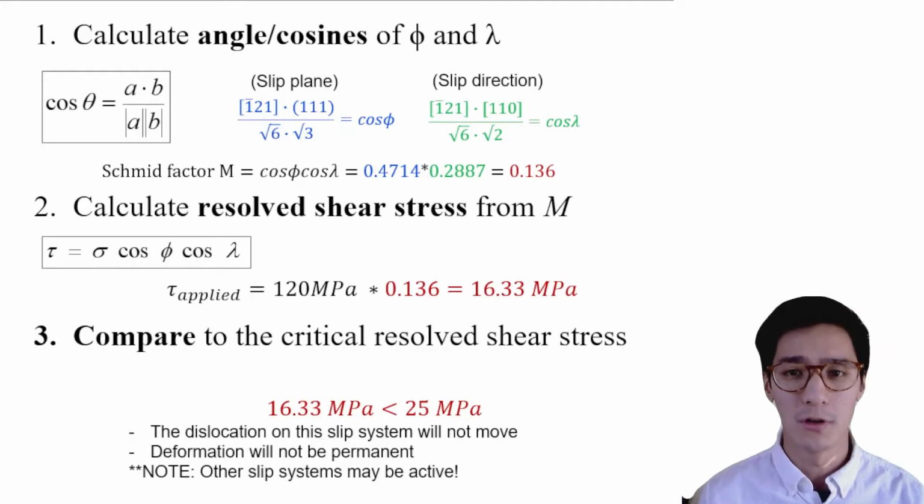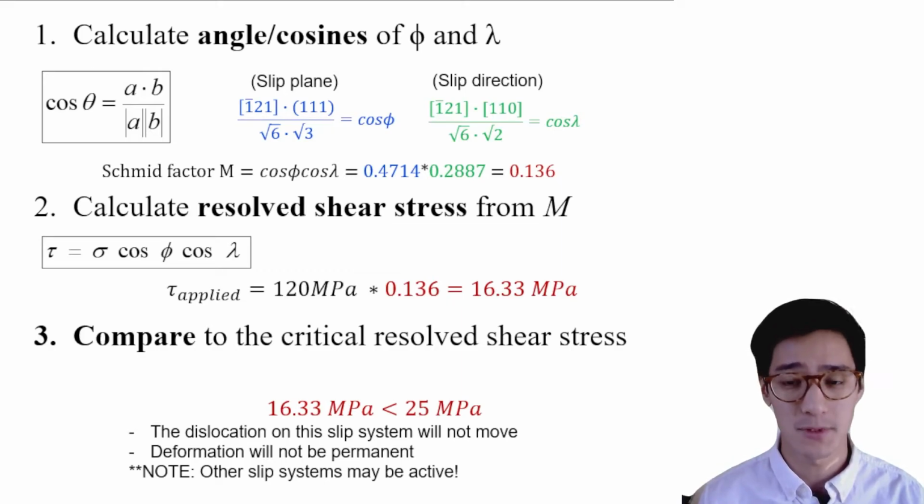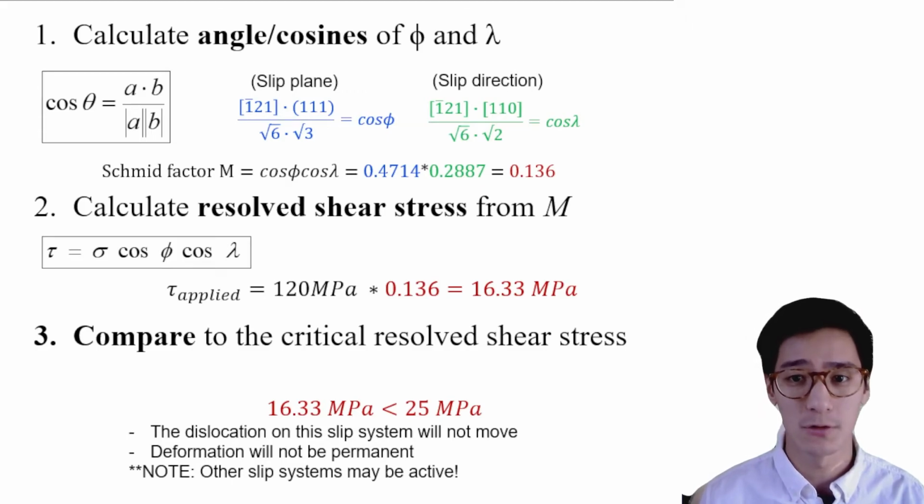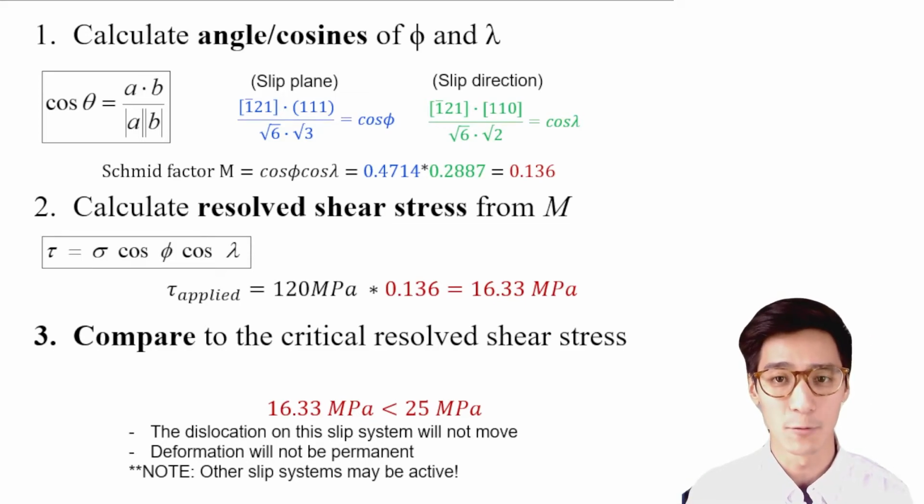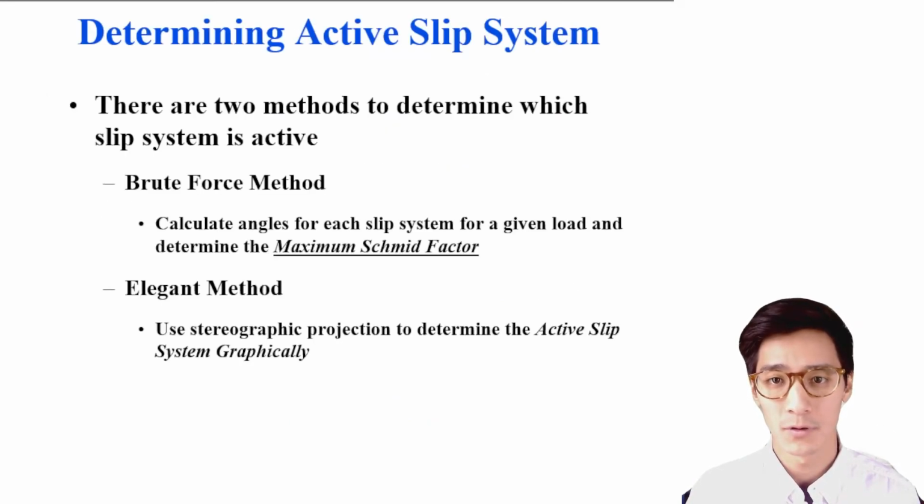It's important to note that we've only calculated the Schmid factor on one single slip system. Other slip systems in this material may still be active due to a higher Schmid factor. How can we determine then which slip systems are actually active under an applied load? We can use a brute force method.